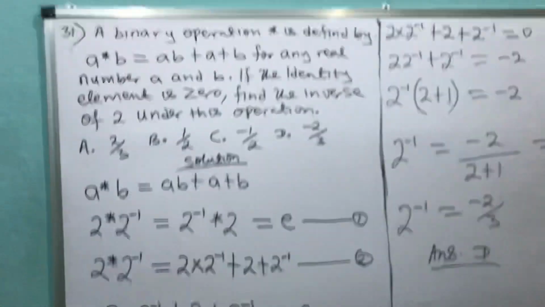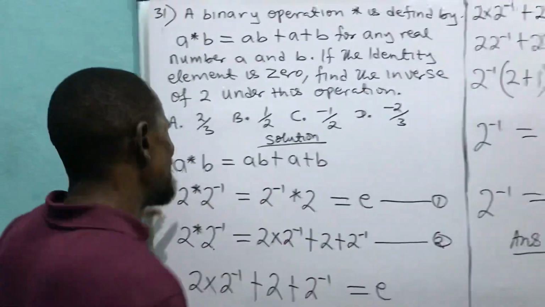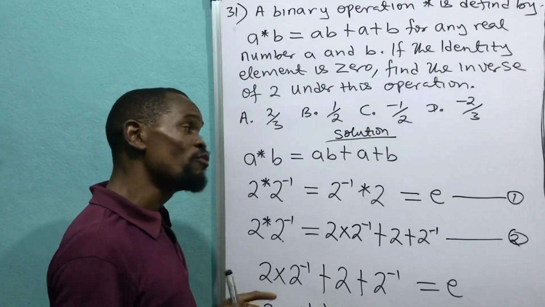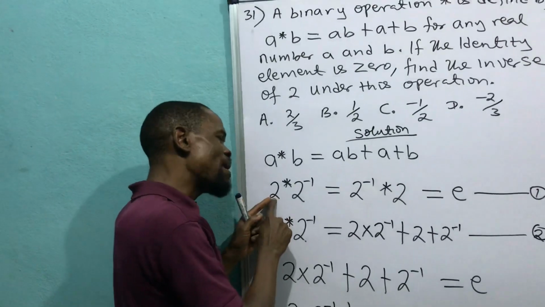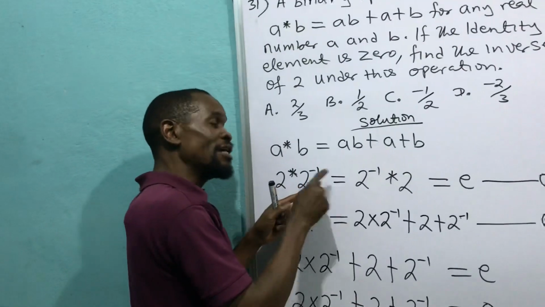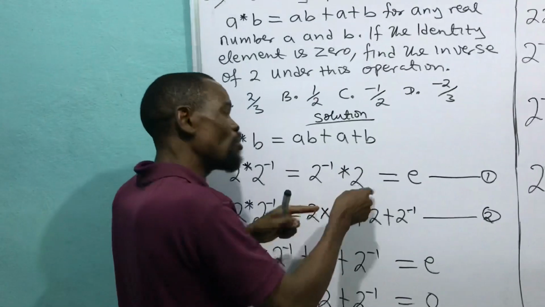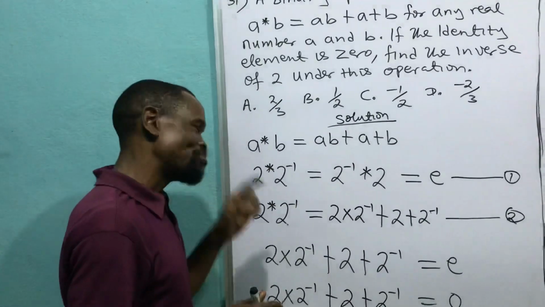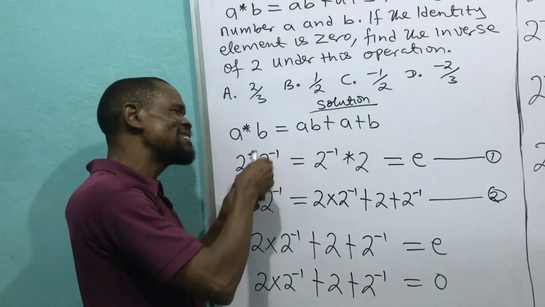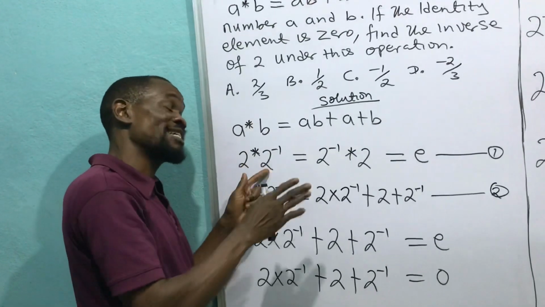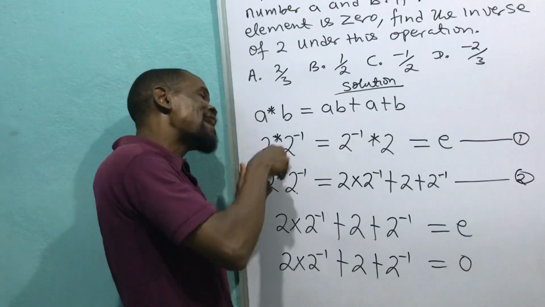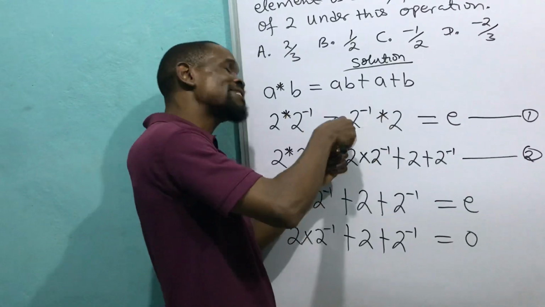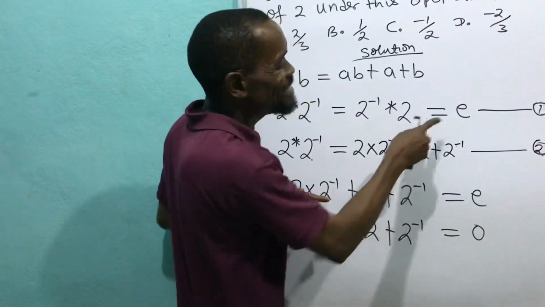Then remember, what I did here is I first of all proved the identity element: that a number times its inverse is the same thing as the inverse times that number, and the answer is the identity element.